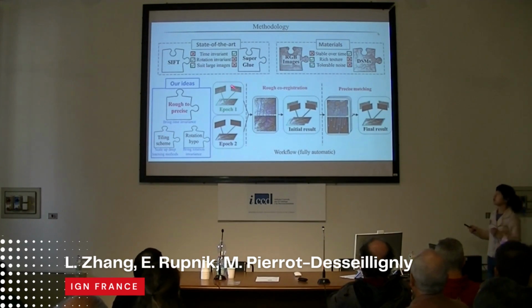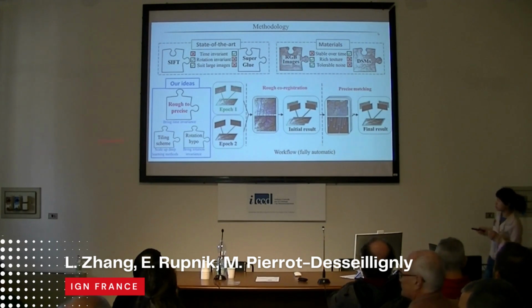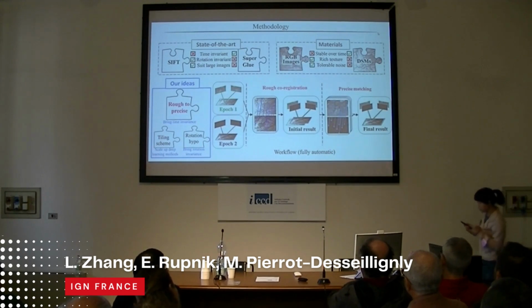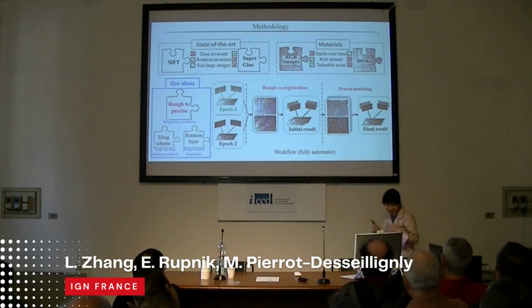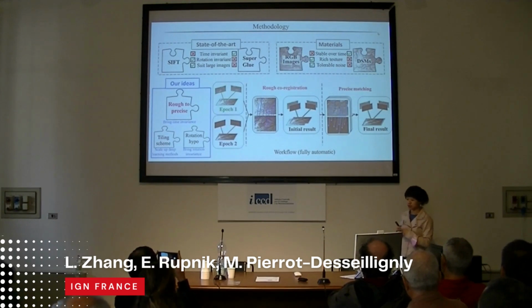For example, even if SIFT is not time invariant, when combined with our rough-to-precise idea, it can achieve a robust result thanks to the help of the DSM. We also have the tiling scheme and the rotation hypothesis adopted in our pipeline, which lead to the other two contributions: scaling up deep learning methods and bringing rotation invariance to our solution.